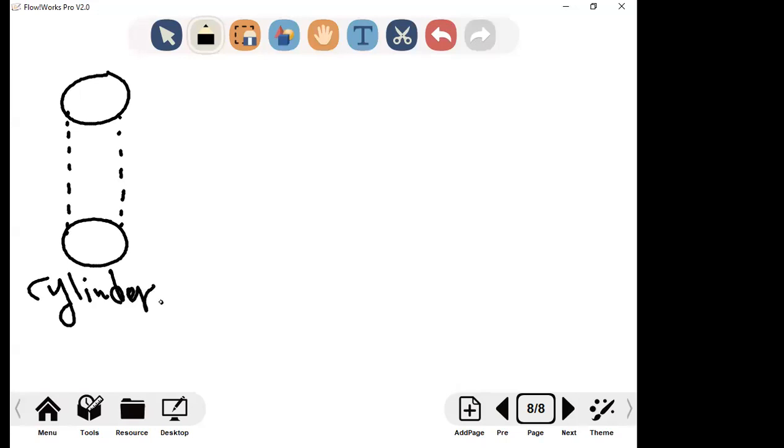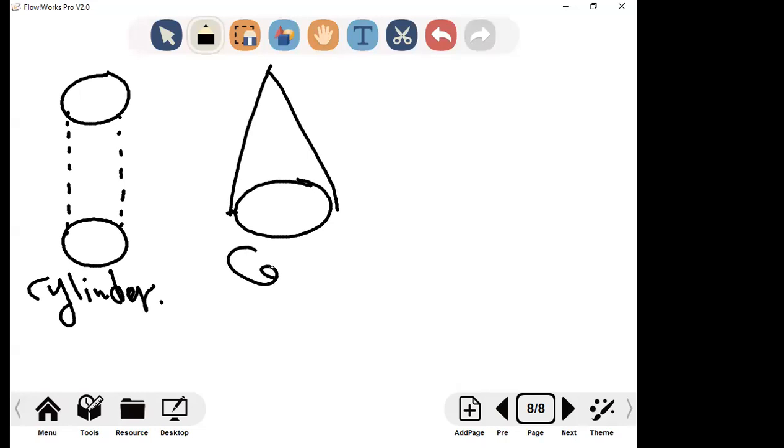And we have the last type, something with a circle and a triangle around. This we call a cone. We call it a cone, not a pyramid. This is not a pyramid, it has a circle down. It is what? A cone.